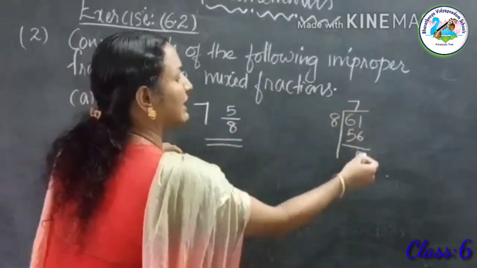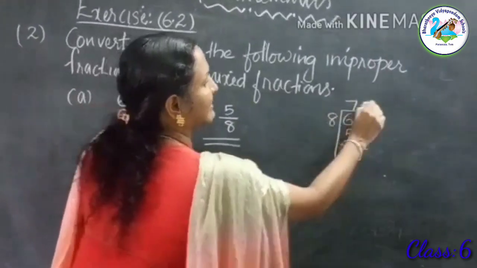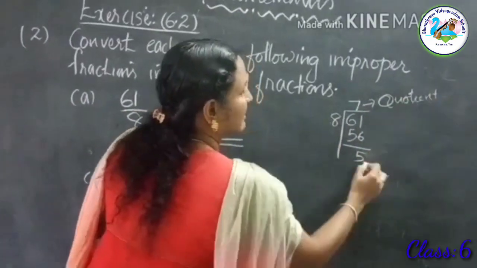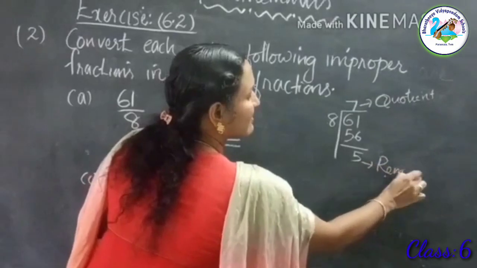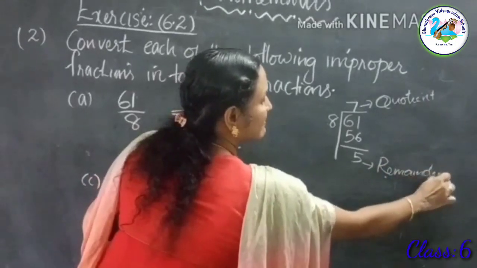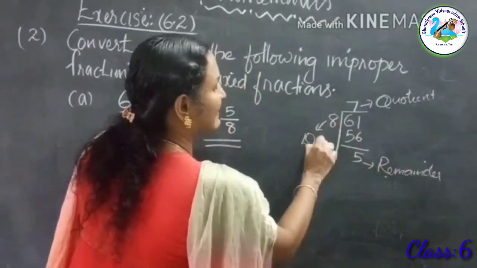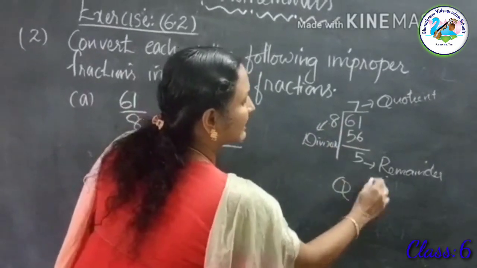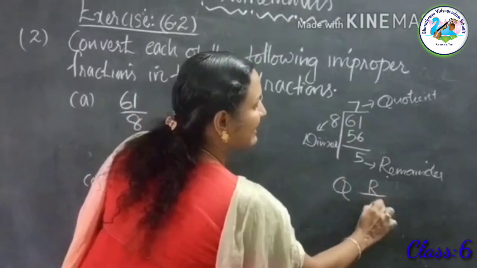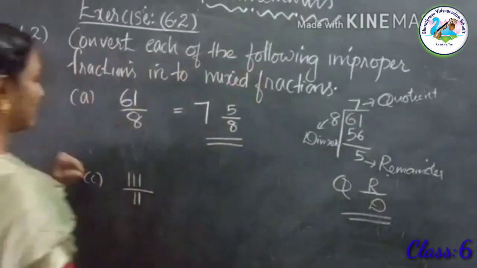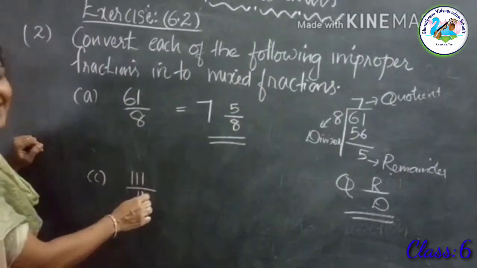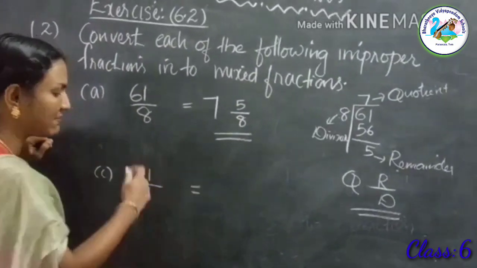Quotient into remainder by divisor. This is the quotient. This is the remainder. This is the divisor. So quotient into remainder by divisor. One more problem. 111 divided by 11. This is an improper fraction.